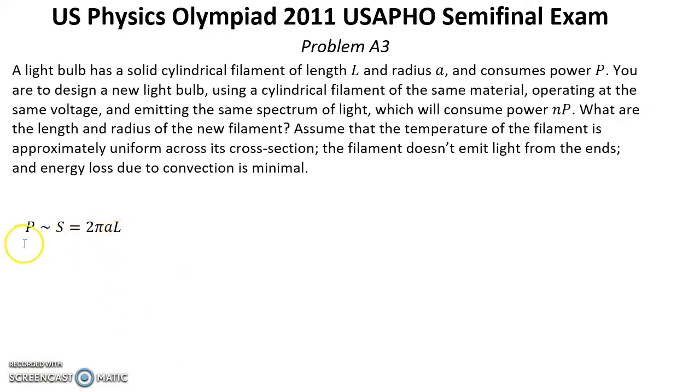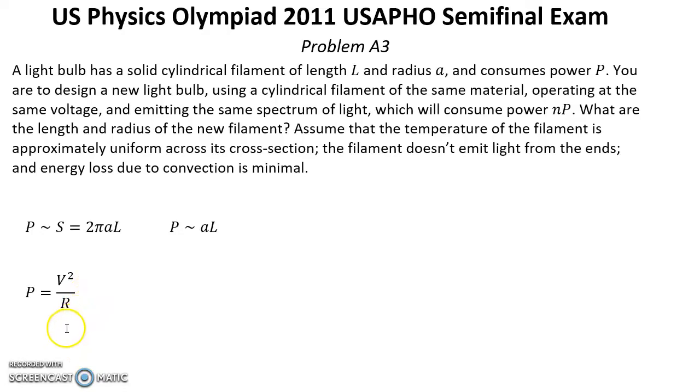So it means that power must be proportional to a multiplied by L. So that's the emitting power. And on the other hand, that must be equal to the produced power. And the produced power we can count from the formula V squared over R.